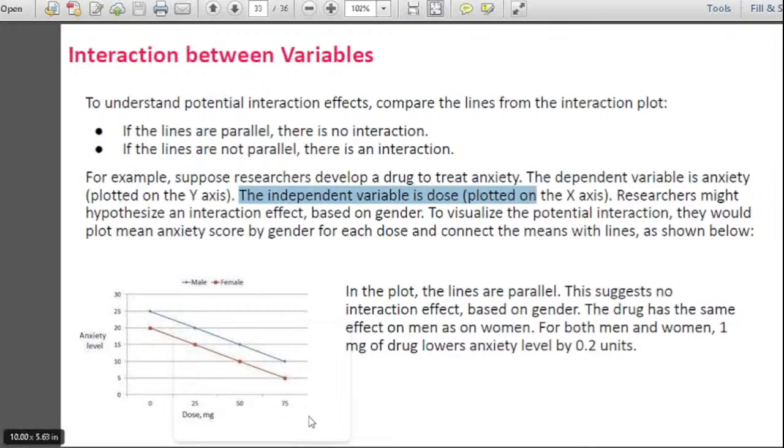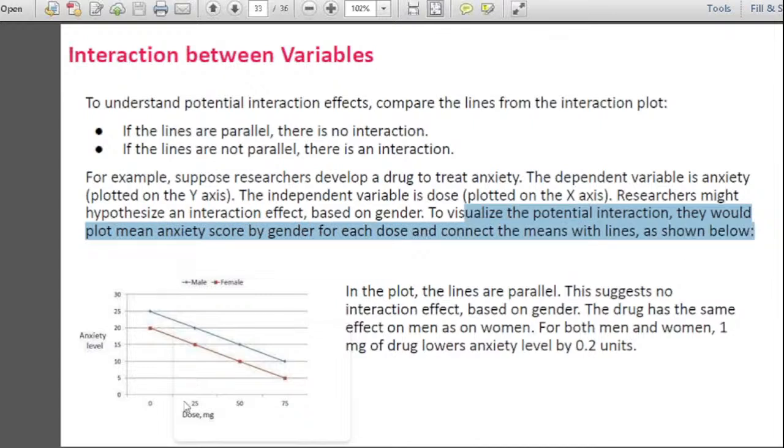Researchers might hypothesize an interaction effect based on gender. To visualize the potential interaction, they would plot the mean anxiety score by gender for each dose and connect the means with lines as shown below. So they plot the dose on x for each gender.